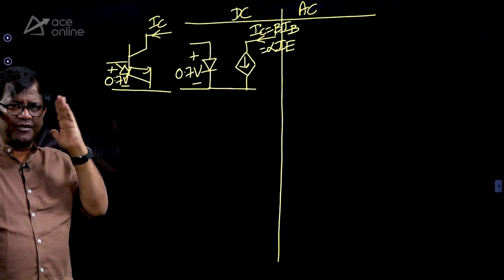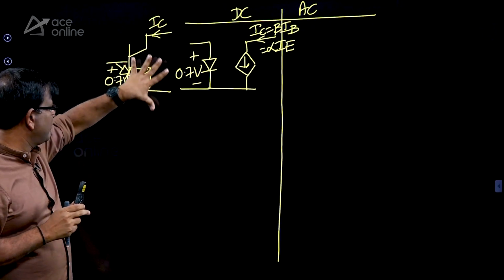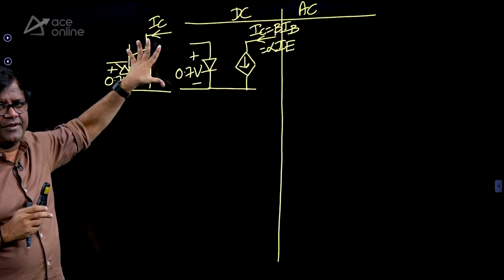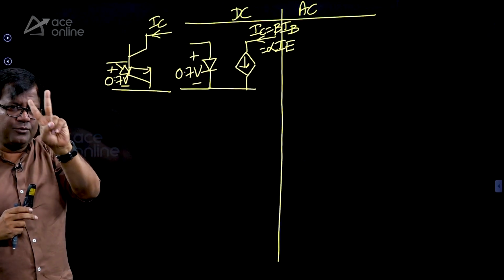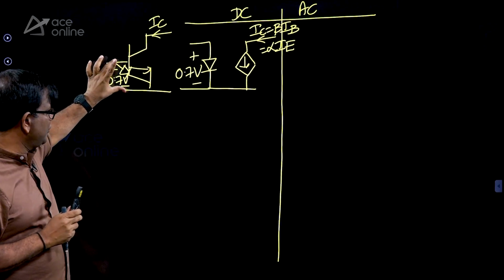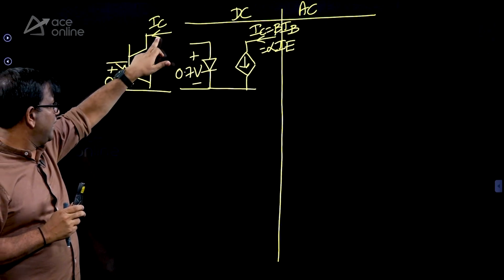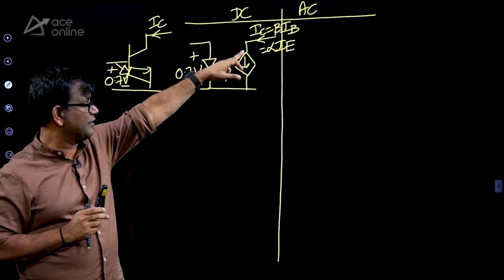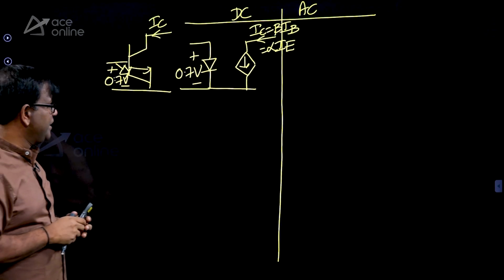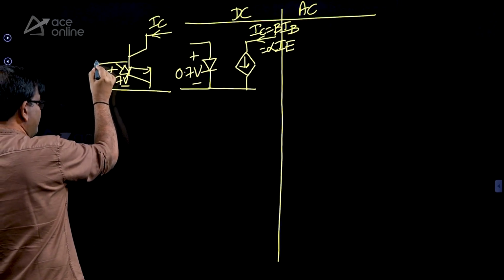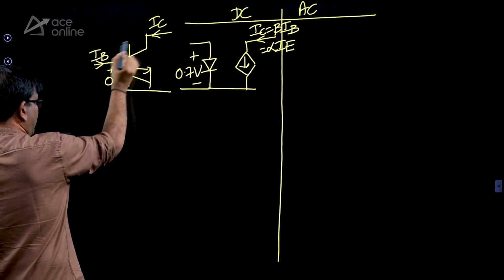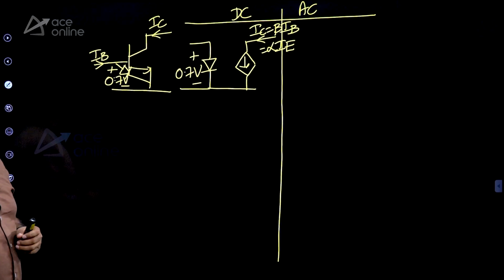What is the abstraction in your mind? Don't think about anything about the BJT while solving a GATE problem. Think only 2 things. One, at the input there is 0.7 volts. At the output there is a current flowing which is IC, and IC is beta times of what? IB, or IC is alpha times IE.